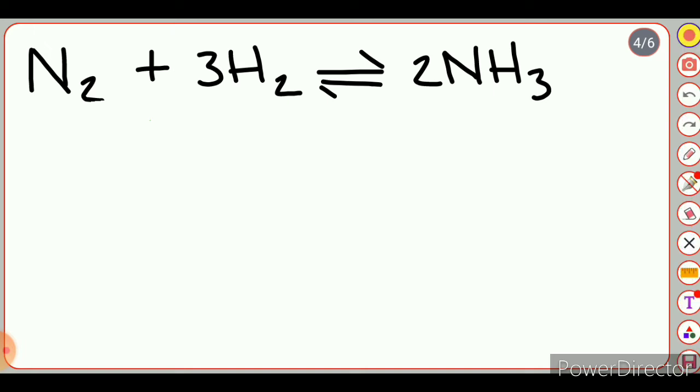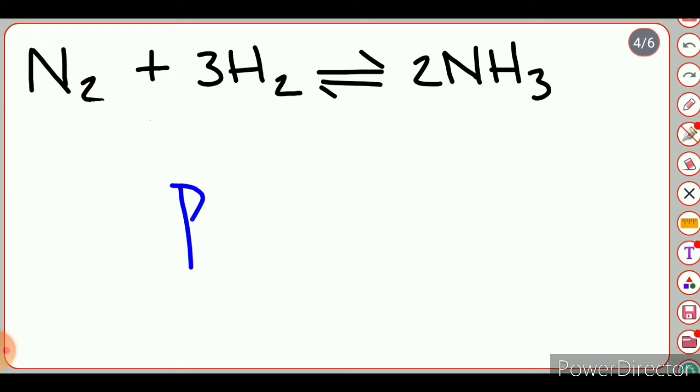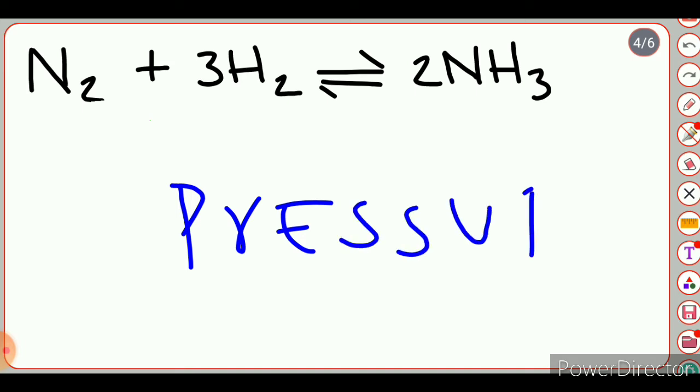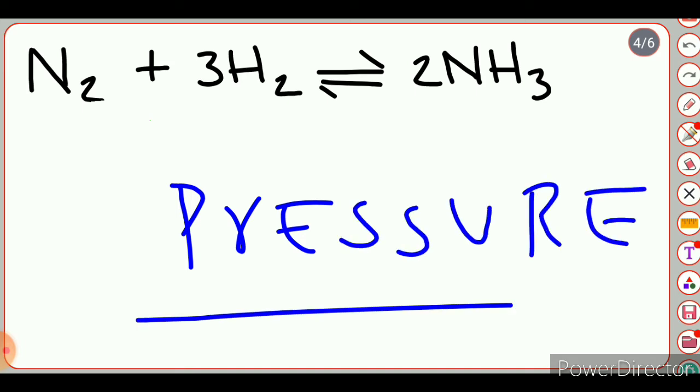Next, we are going to make a change in pressure. Pressure is always connected with the number of moles. That is, when the number of moles is high, it means the pressure is high. Now let's look at how the number of moles is associated with the pressure.